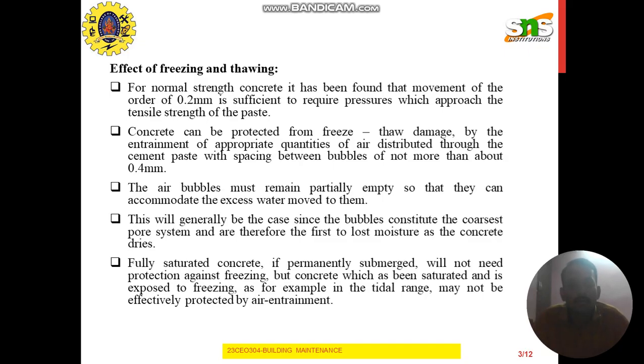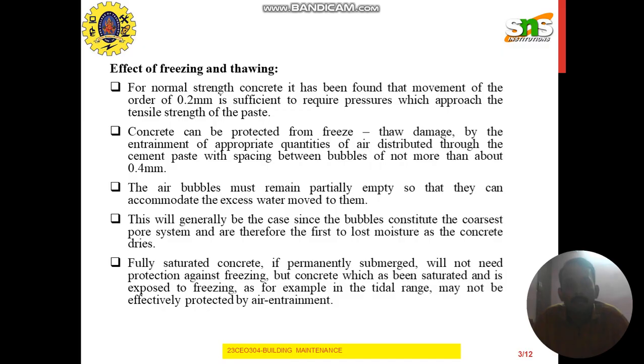It is found that for normal strength concrete, the movement of 0.2 mm of water requires a high amount of pressure, which is equal to the tensile strength of the paste. So if the high amount of pressure generated inside the concrete exceeds the tensile strength of the CSH gel, it leads to cracking of concrete.